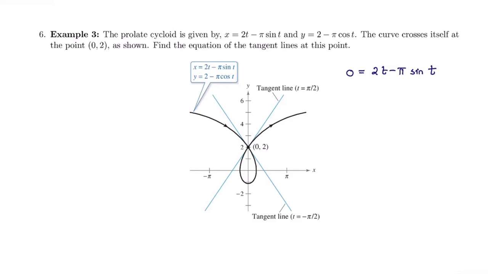That will not be a very easy equation for us to solve. Hopefully, if I set y equal to 2, this will be an easier equation to deal with. And indeed it is. We find that cosine of t is equal to 0, which happens at t equals pi over 2 or negative pi over 2.